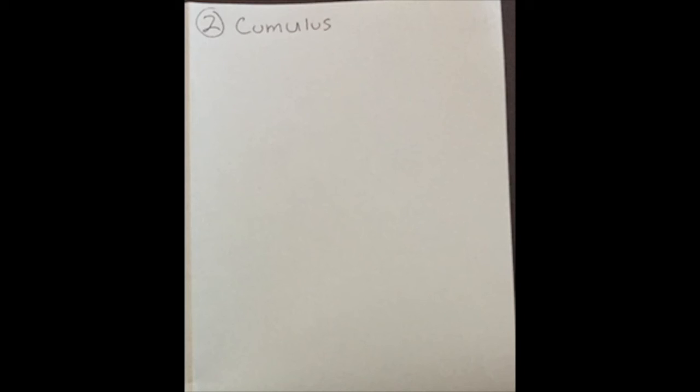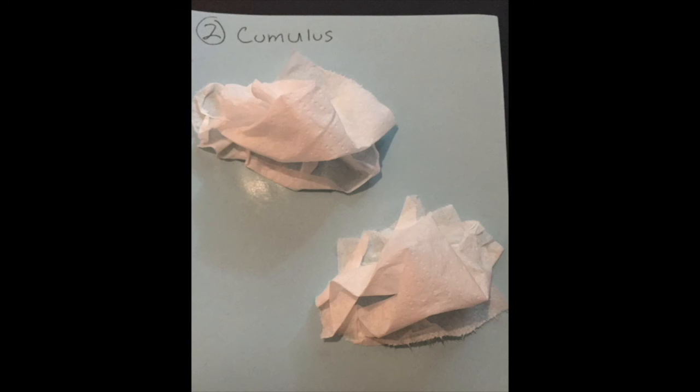Okay, so let's go ahead and start making this cloud. Cumulus is actually the Latin word for heap, like a heap of toys or a heap of ice cream. You can also have a heap of cloud, and that is where you get cumulus. For this one, please take one or two squares of toilet paper, or tear yourself a good square-sized piece of paper towel.